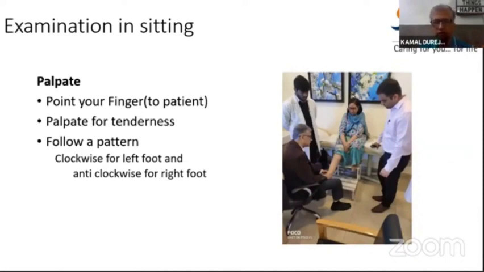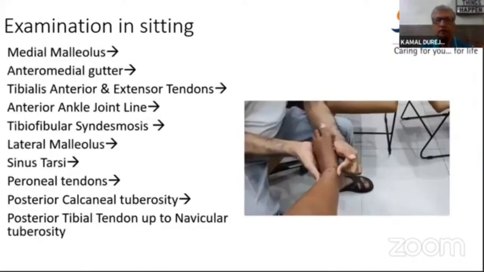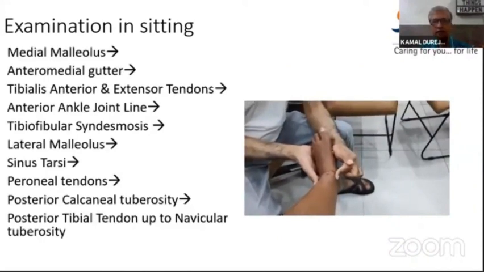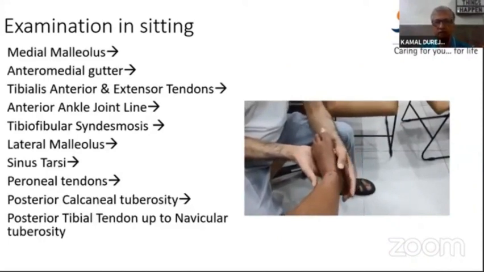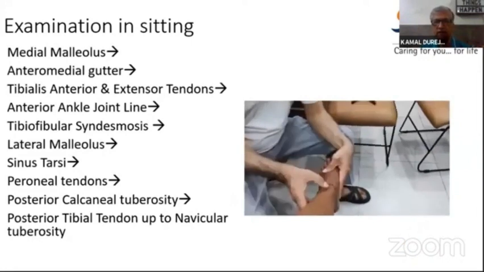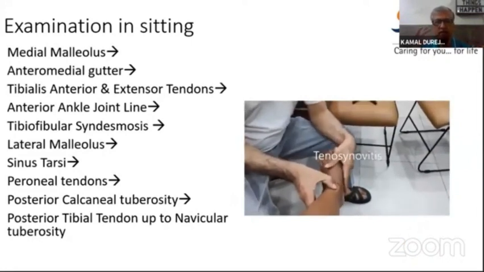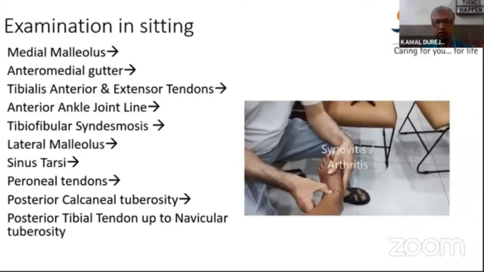So how does it go? It goes by examining the medial malleolus, the anteromedial gutter, the tibialis anterior tendon, and I have in my mind tenosynovitis. Then I am looking at the anterior ankle joint line.